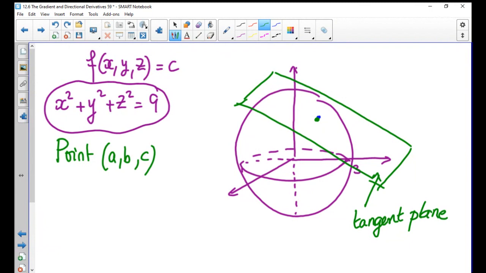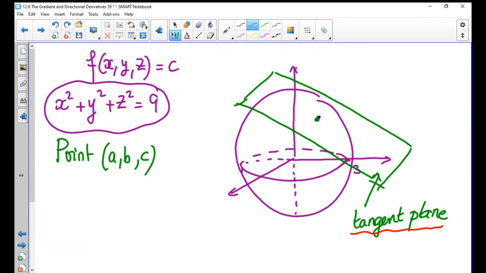Can you imagine this? You have a sphere, take a point on the sphere, and at that point there is a tangent plane. Now, what I want is to find the equation of this tangent plane. How do we get the equation of the tangent plane?